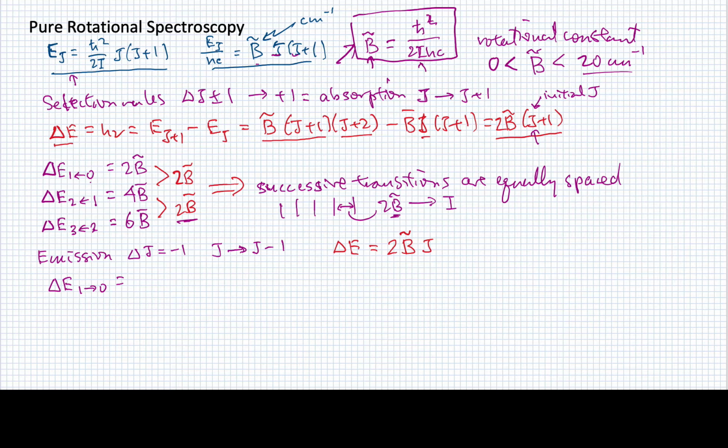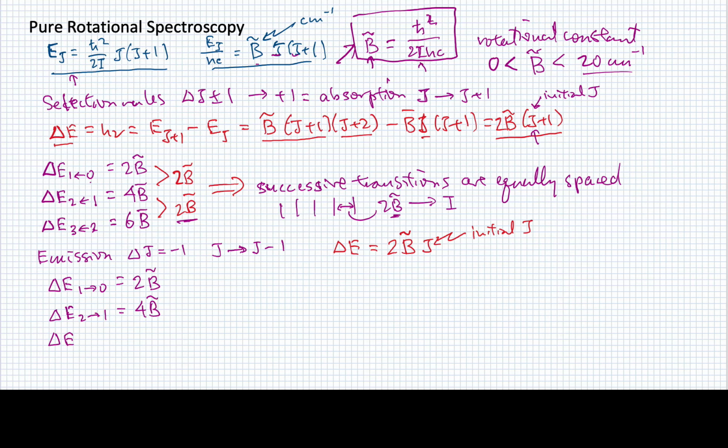So now when I go from 0 to 1, again, this is my initial J. When I calculate this, this first one will be at 2B tilde. E 2 to 1 will be at 2 times 2, or 4B tilde.